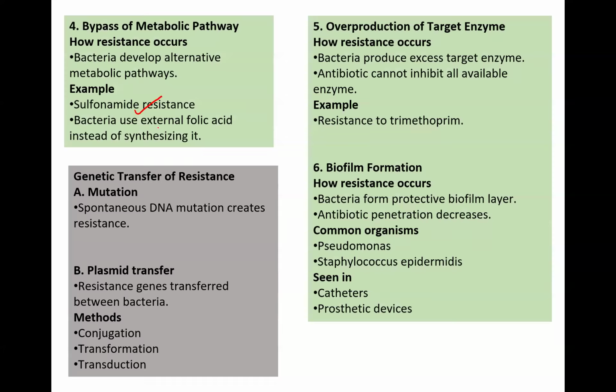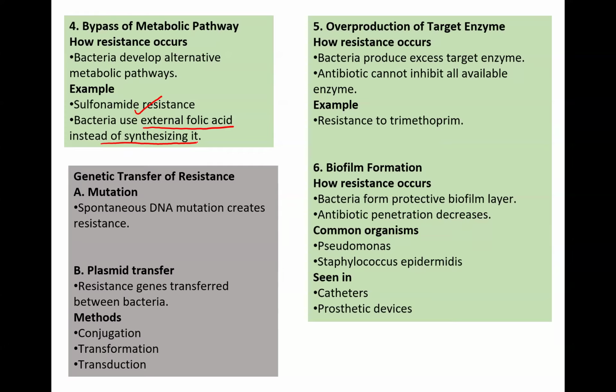Sulfonamides inhibit folic acid synthesis in bacteria. But the bacteria uses external folic acid instead of synthesizing it. So you come and bind to me, do whatever you want. I have other ways.